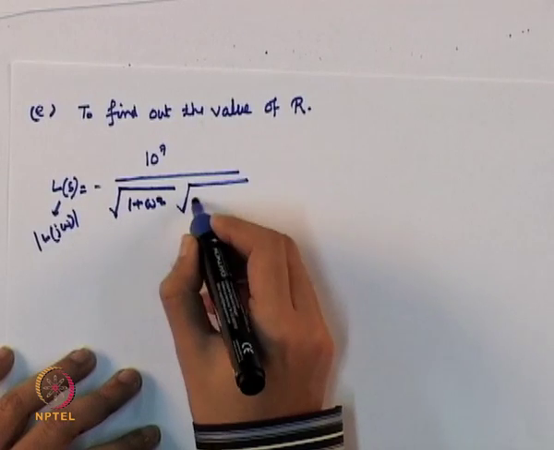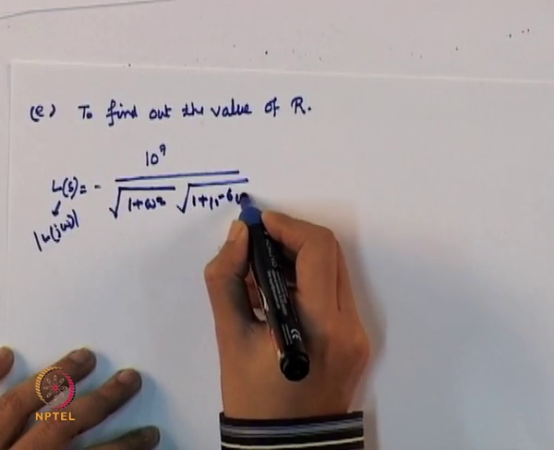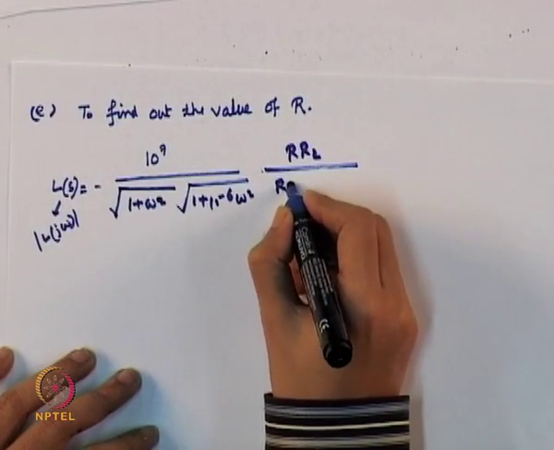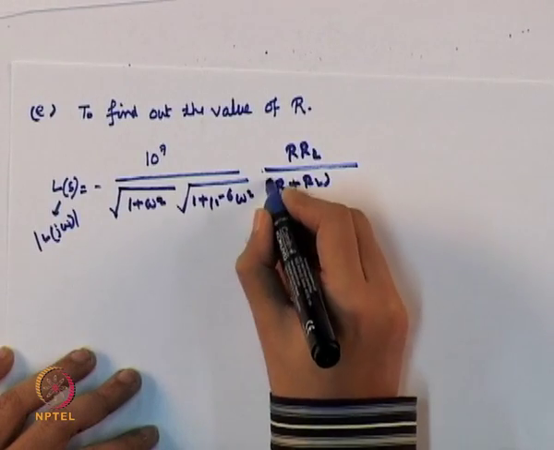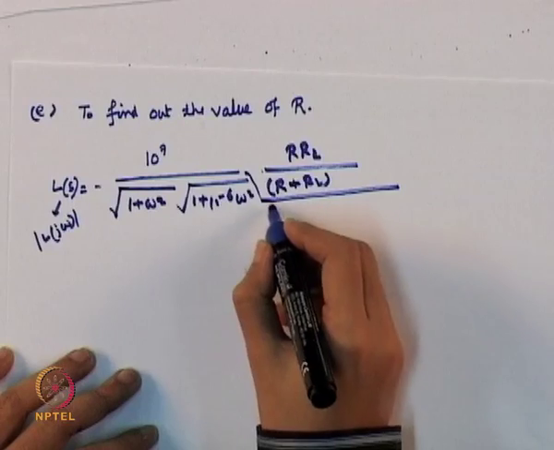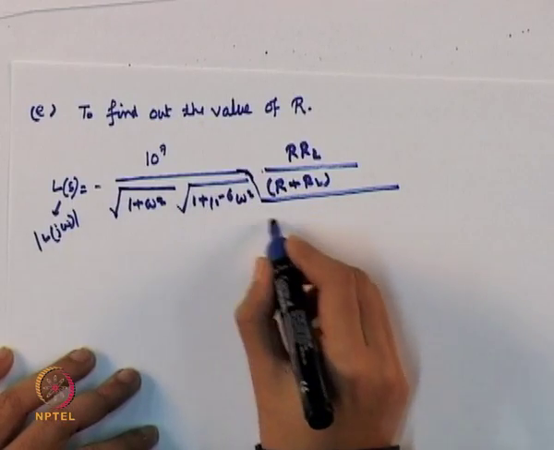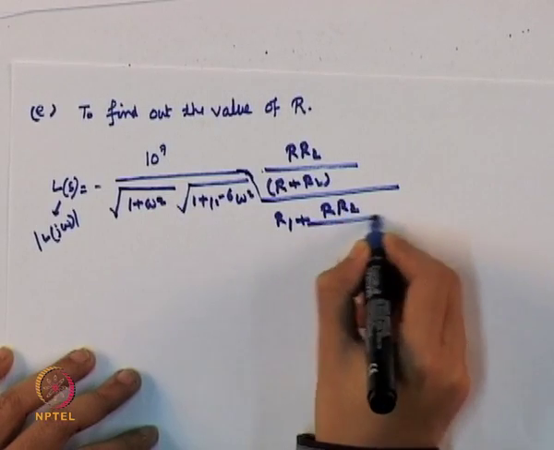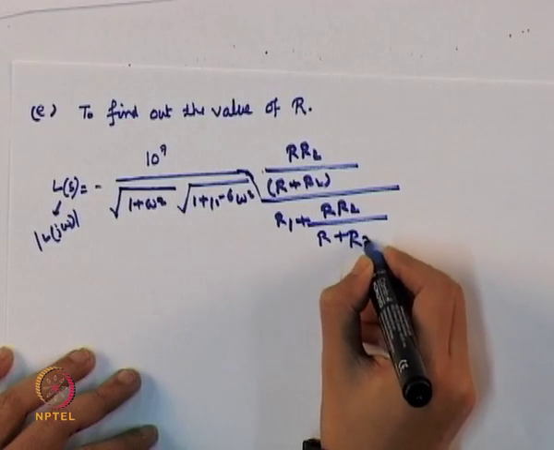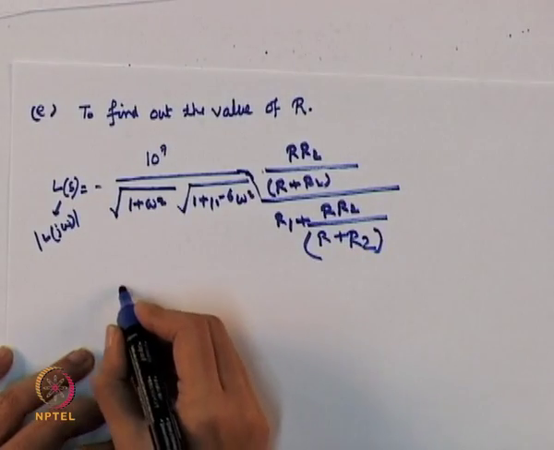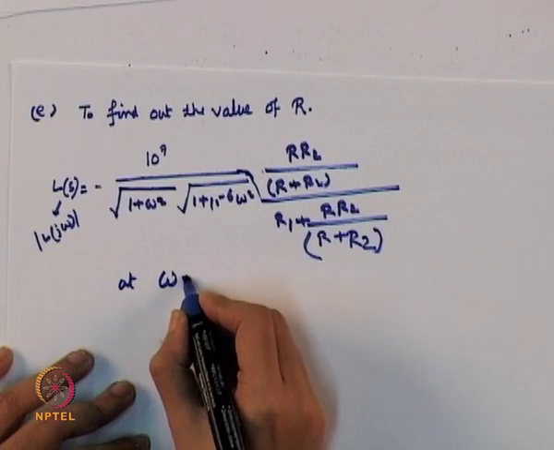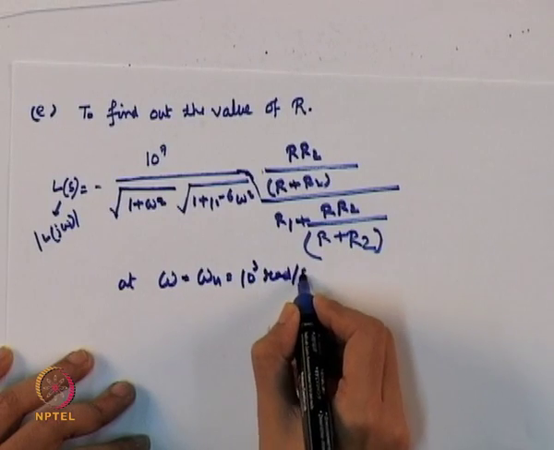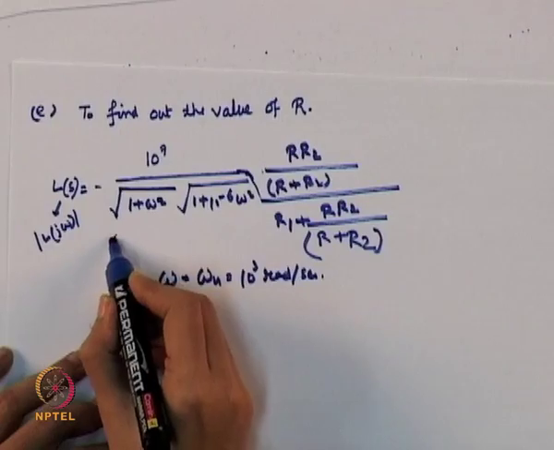So, 1 plus 10 to the power minus 6 omega square R into R2 by R plus R2 divided by, so this is the numerator and this total portion is in the denominator, R1 plus R2 divided by R plus R2.